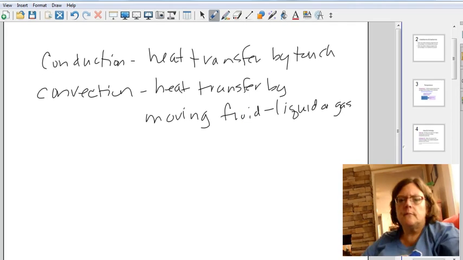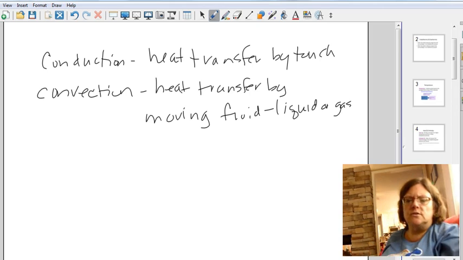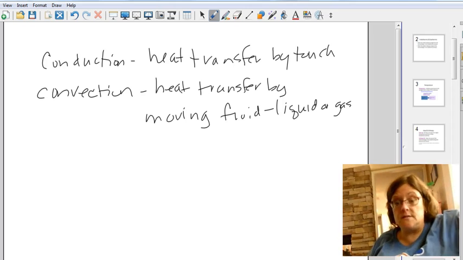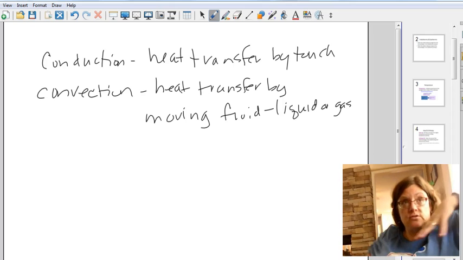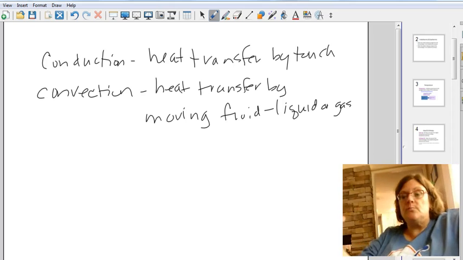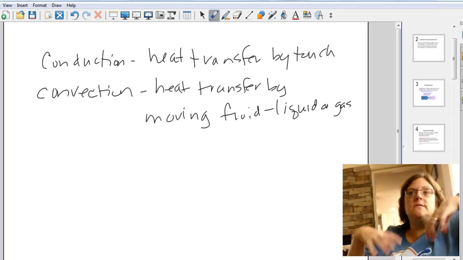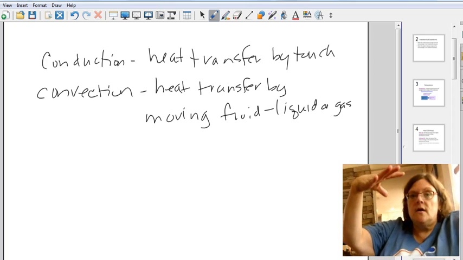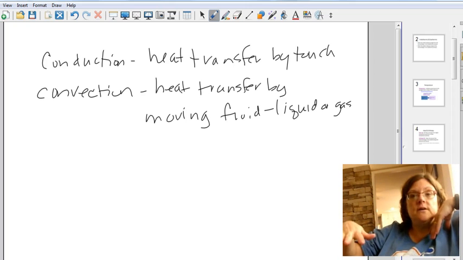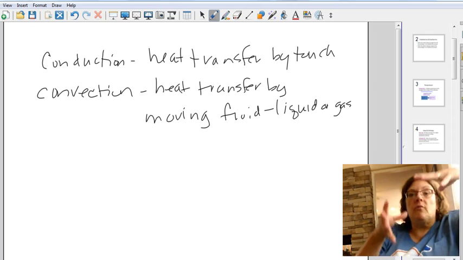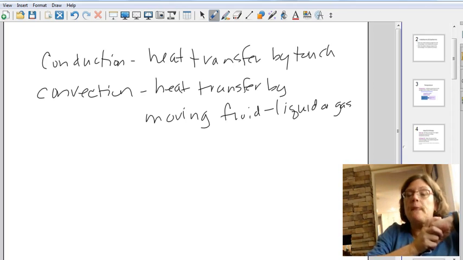Your house is heated through convection. In the winter, because heat rises, because the molecules move faster, hit each other harder, spread out, kinetic theory of matter, they spread out, take up more space, therefore they're less dense. Heat rises. So in our house, we shut off all the vents upstairs and force all the air downstairs. That way, that heat rises. In the summer, we do the opposite.